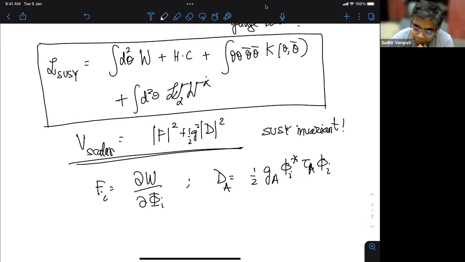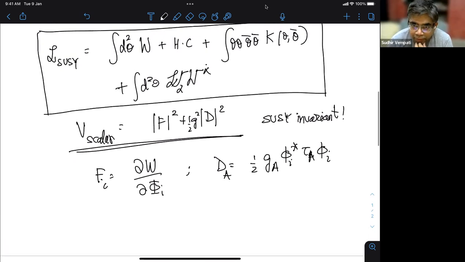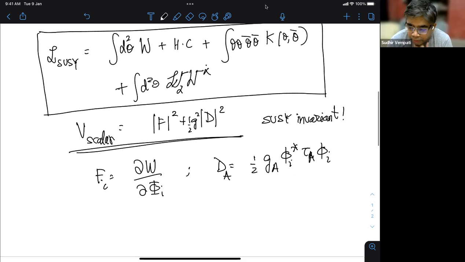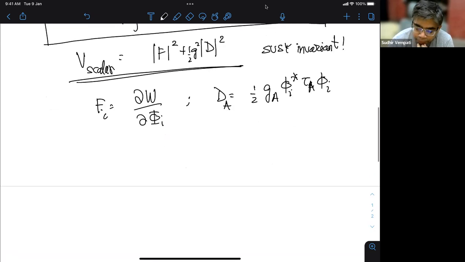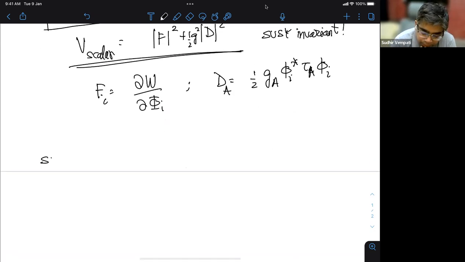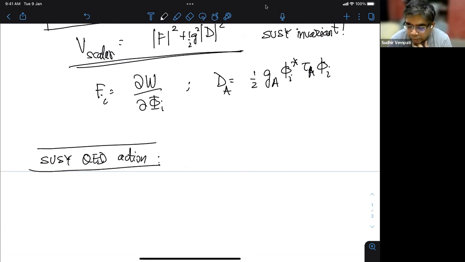So the last time we did the supersymmetric QED action, the SUSY QED action. And then we also introduced some notation, which I introduced for the SUSY QED.